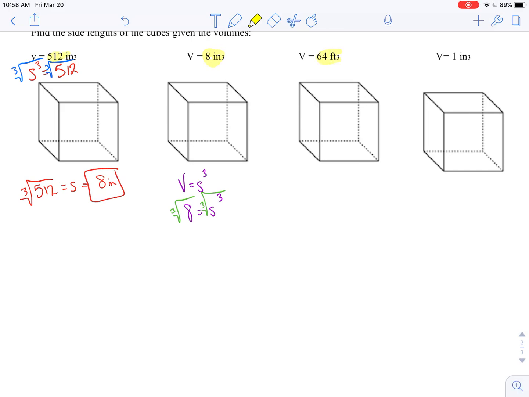Anytime you're given a volume and asked to find a side length of a cube, just take that volume number and we can cube root it. And the cube root of 8 is, so side length is cube root of 8, which is 2. And don't forget our label of 2 inches.